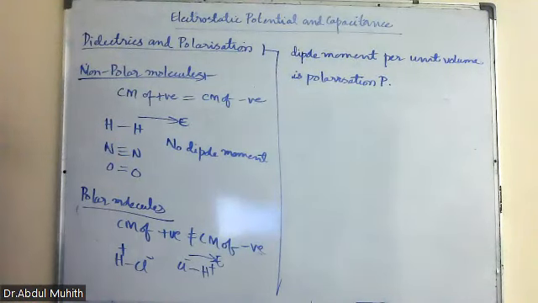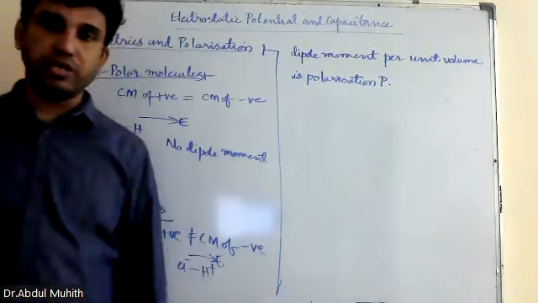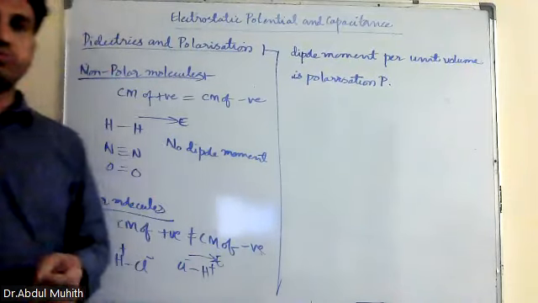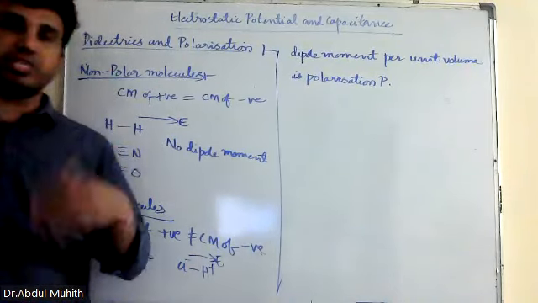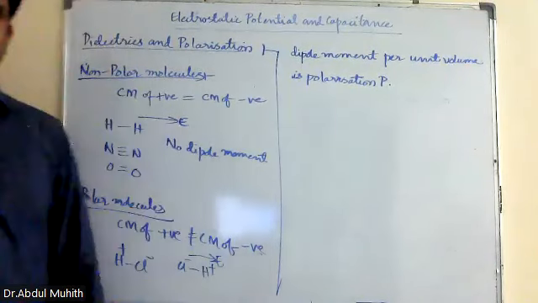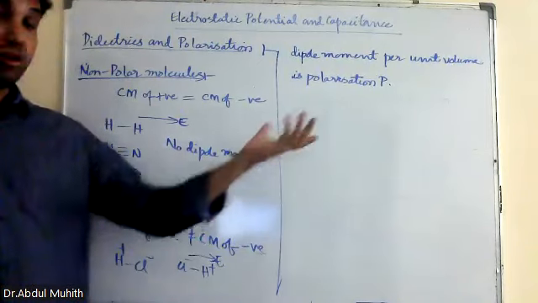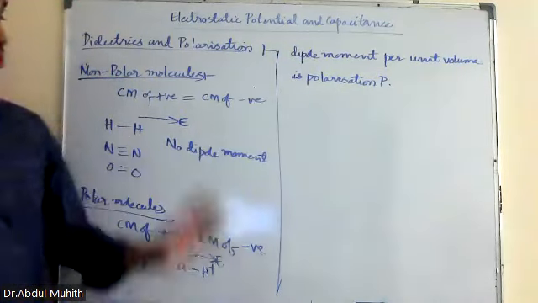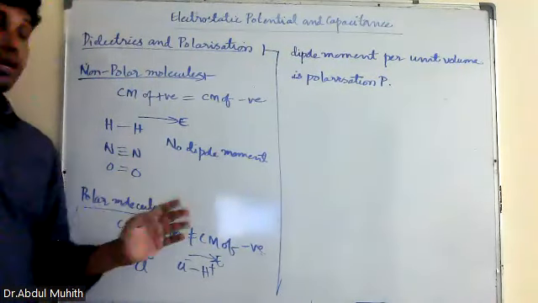Means when the speaker came, how many people were motivated? That is a typical polarization. He polarized. The same thing happens with political party leaders also. They come to your place and give a very revolutionary speech, and then they change the minds of the people. That is called polarization. So when you place a dipole in the electric field, how much dipole moment takes place? That is said to be polarization.